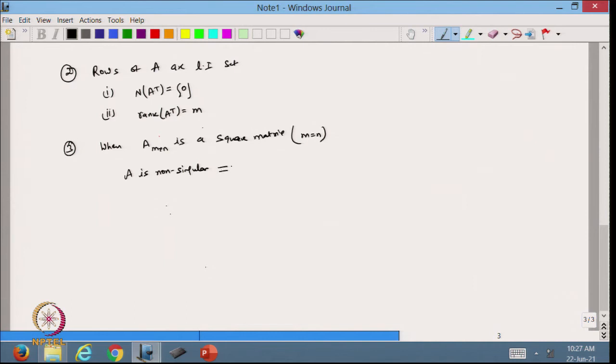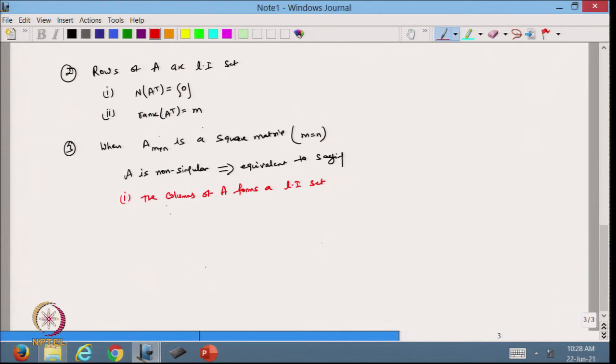That is equivalent to saying, the first one, that the columns of A form a linearly independent set.